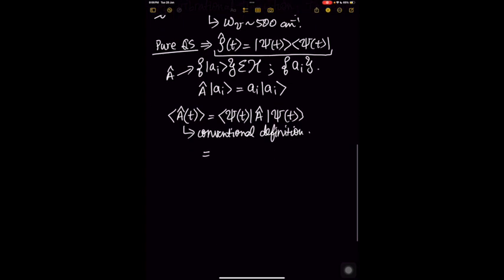And of course, this is equivalent to bra psi, A hat of t, ket psi, where this is just your Heisenberg operator, which is defined this way.